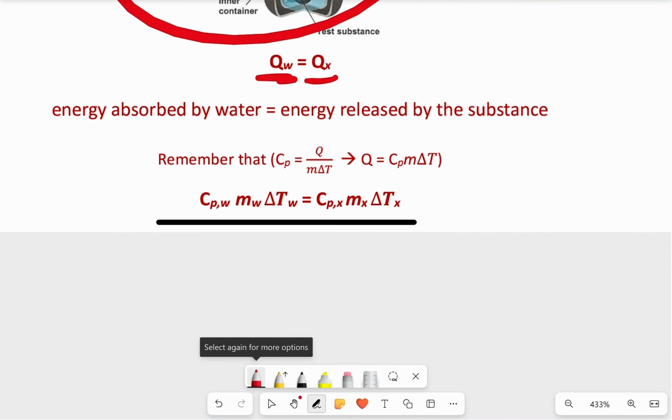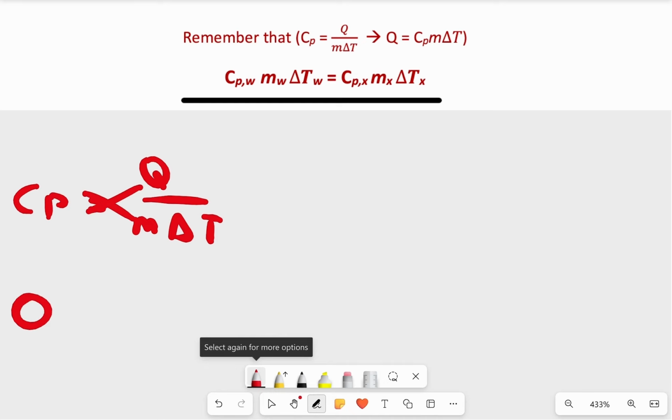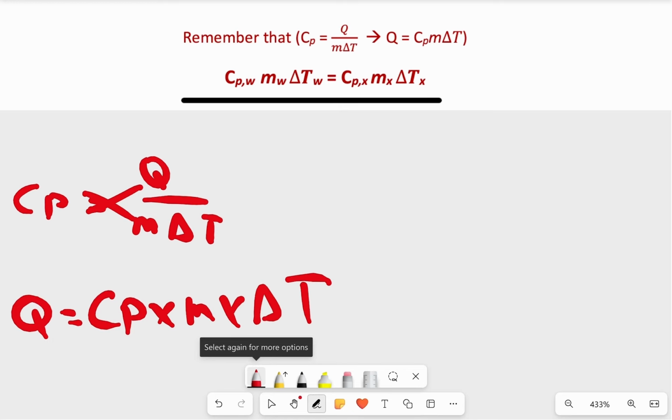And remember the equation we had, Cp equals Q divided by mass times delta T. Rearrange this equation and you get Q equal to Cp times mass times delta T. So Cp of water times mass of the water times change in temperature of water is equal to Cp of the object times mass of the object times change in temperature of the object.